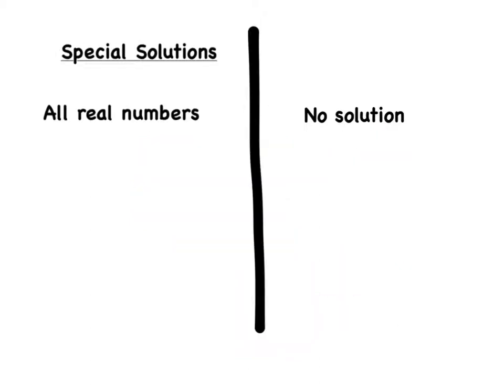So there are times with equations where there is a possibility to get two different types of special solutions. One of them is called all real numbers will be the answer, and you might have a possibility where there is no solution.